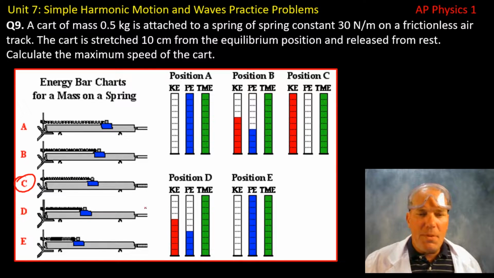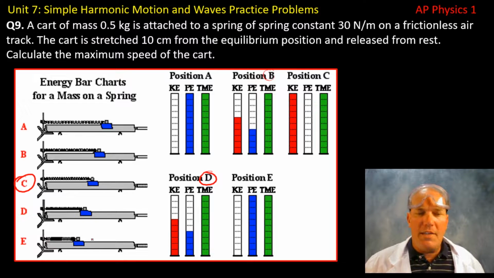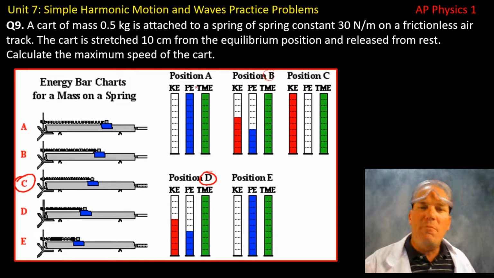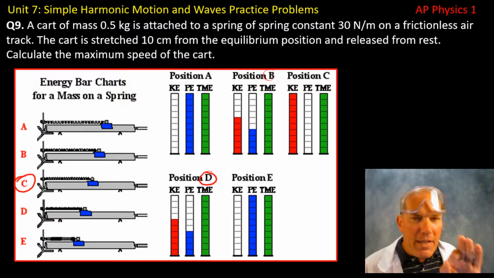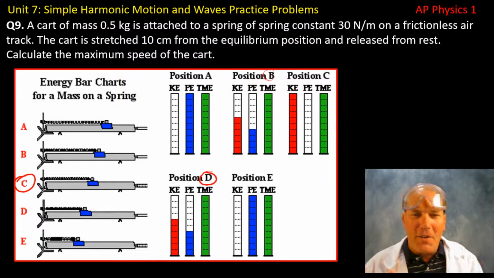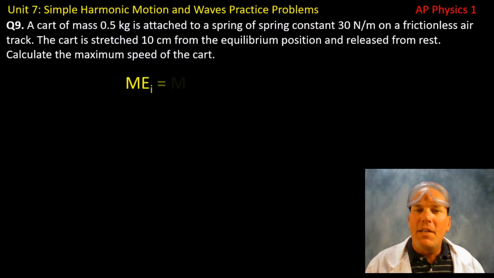And then we see position D is the same as position B, where we have a mixture of energies. And then, of course, at E, we are back to where we were at A, where we have maximum potential energy. And for that instant, the cart is not moving. All right, so lengthy intuition there for question 9. That's okay. Now let's solve it.